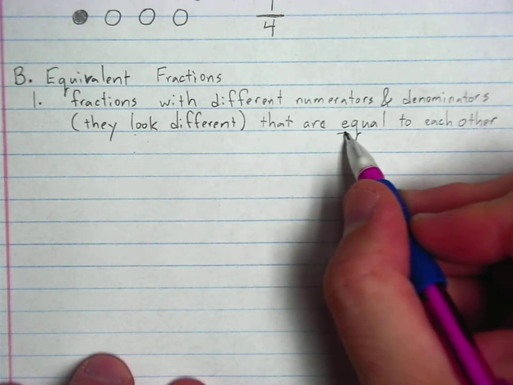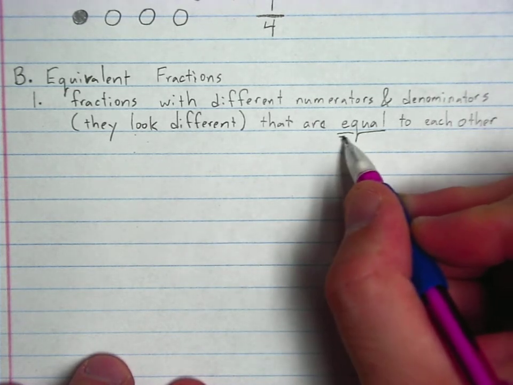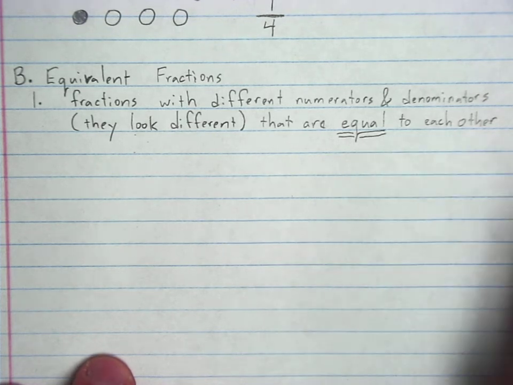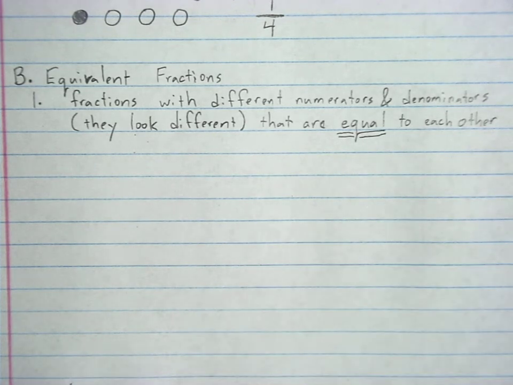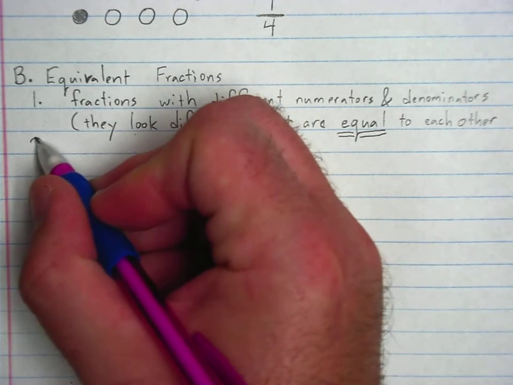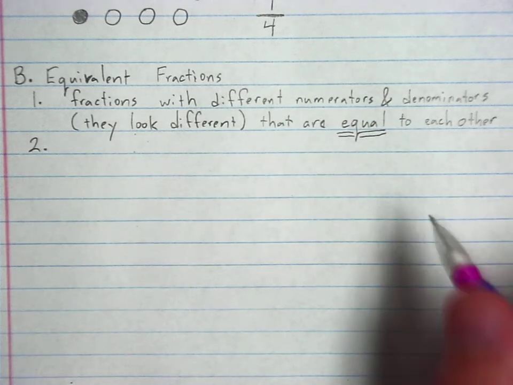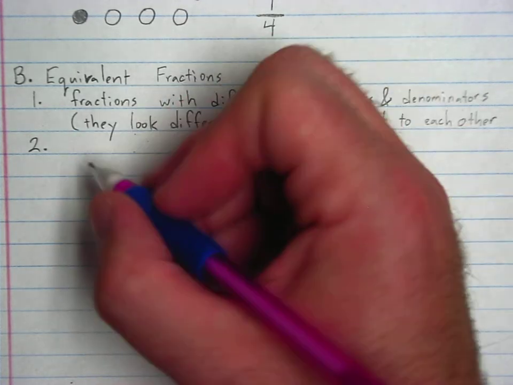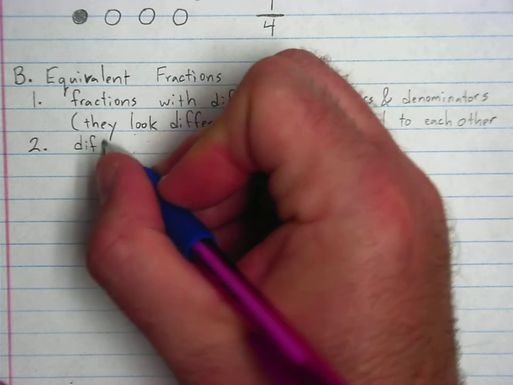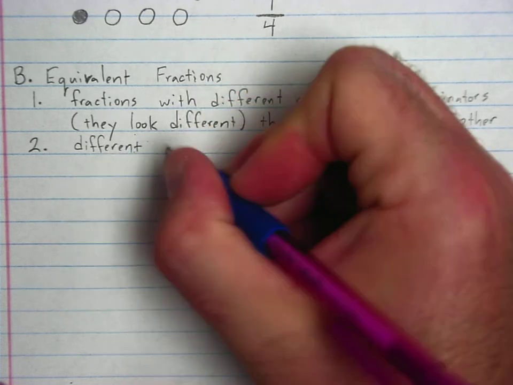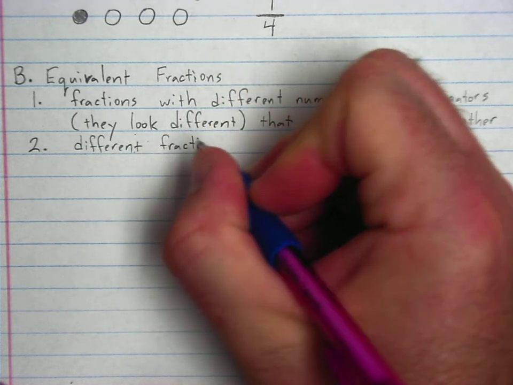Okay. So how can that be? How can we have two fractions that look different but are actually equal to each other? Well, let me explain this in a different way. Equivalent fractions are different fractions. So we got that part, I think.